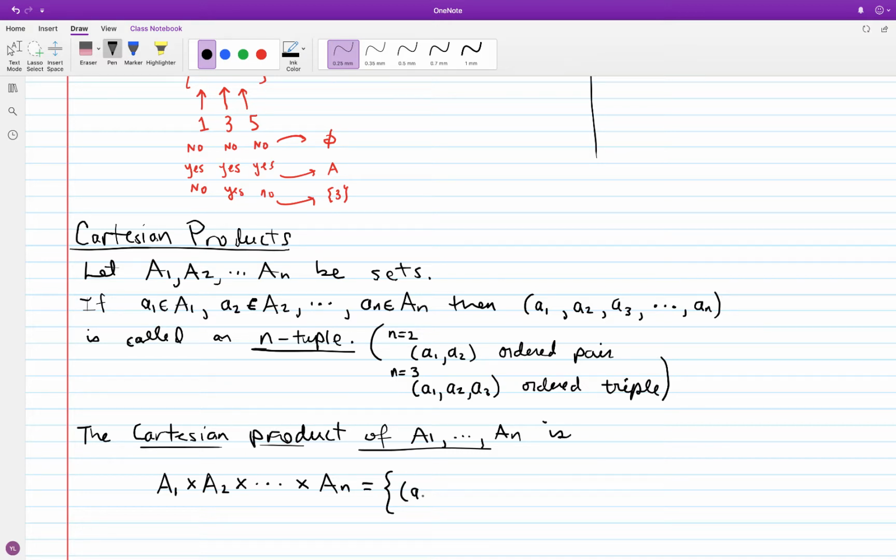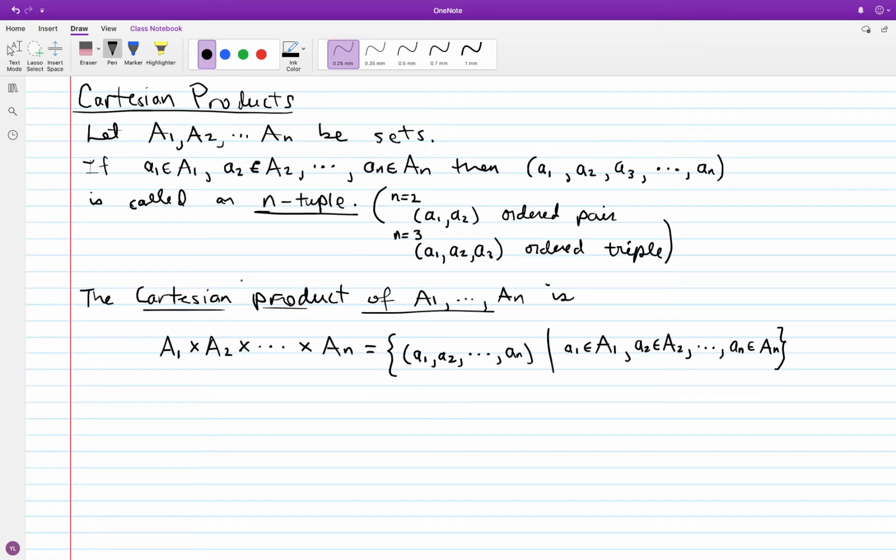It is the set of n-tuples, like this, where, as I said before, little a1 comes from A1, little a2 comes from A2, and so on. So if you gather together all of the n-tuples from these n sets and put them into a set, then this is called the Cartesian product of those sets.